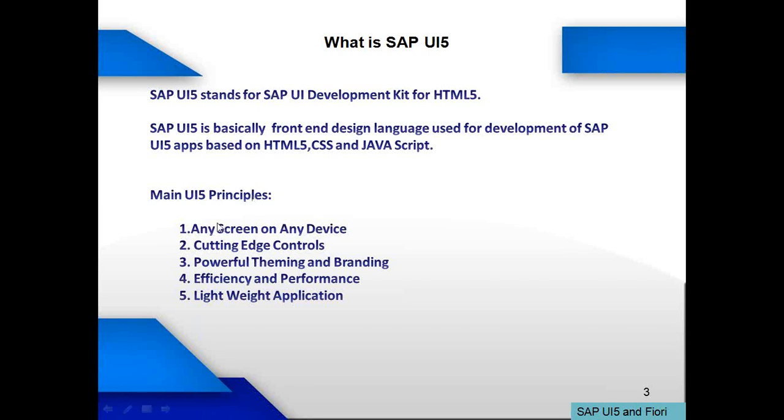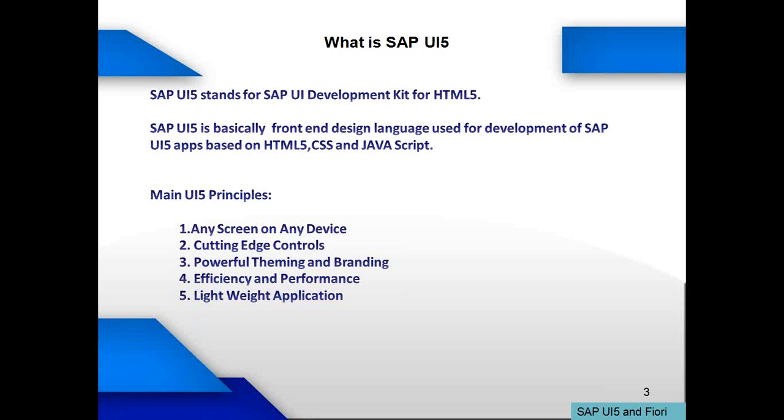Let's see what the principles of SAP UI5 are. The basic principle of SAP UI5 is that SAP wants to move the business to fit on any screen on any device. The application should be accessible on a desktop, laptop, mobile or tablet without coding separately for each device.